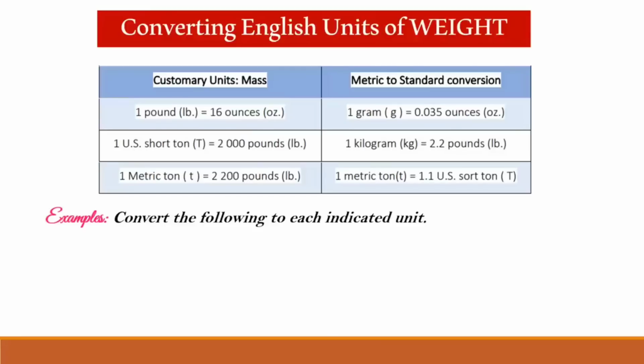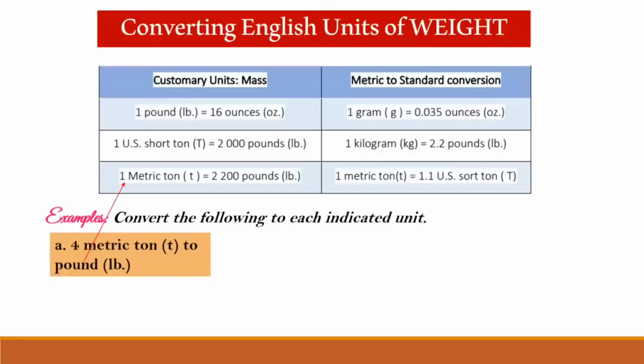And here are some examples. We are going to convert the following to each indicated unit. For example A, we have to convert 4 metric ton to pound. And for the solution, we have to use the conversion 1 metric ton is equal to 2,200 pounds. Using that, we will have 4 ton times 2,200 pound over 1 ton.